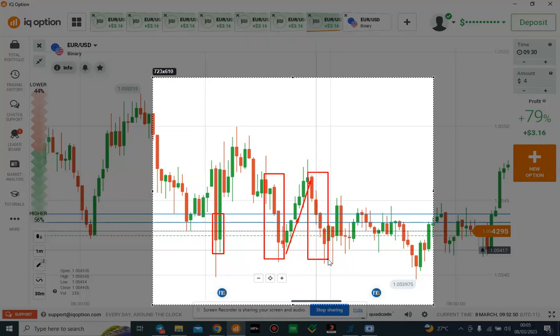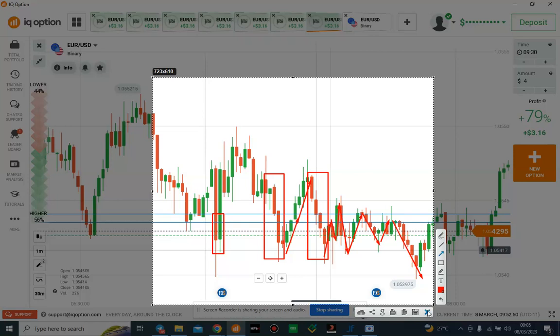Then again we have another seller's entry, so the market is supposed to make a retracement. The retracement did occur, sellers entered, yet a fake out, sellers entered. Now the market makes another retracement, sellers entered, retracement, sellers entered.